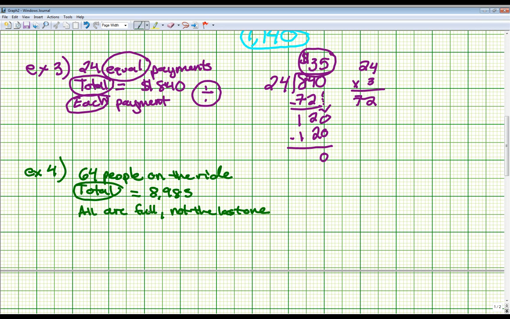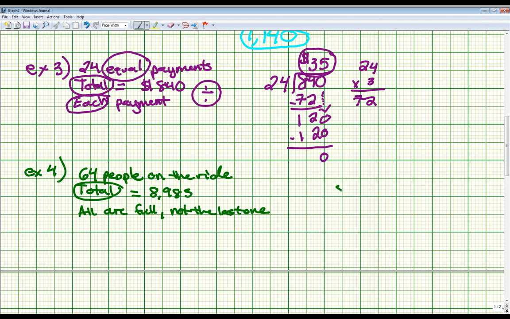So really, the same number of people, 64 people, are going to go on every single ride. And this is how many total people we had going on the ride. So with all of these things in mind, we are going to use some division. If I have this many total people divided by this many per ride, I'm going to get how many rides were given that day. So over here, we're going to set this up similar to example 3.